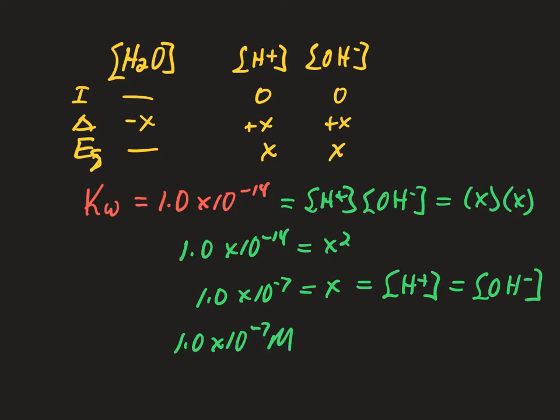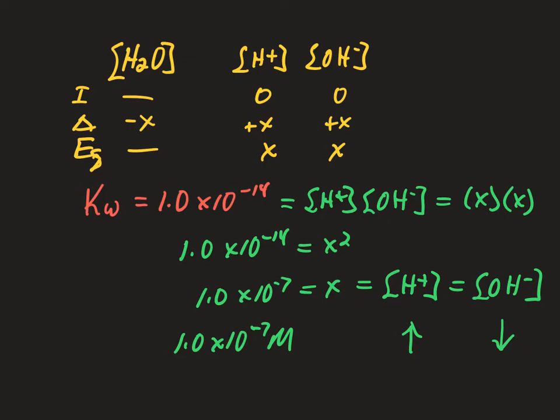And so we've got that equilibrium, and we know that is the concentration. Now, the other thing is, this is an equilibrium. So if we disrupt one, if we make hydrogen ions go up, then to keep the equilibrium, hydroxide ions will have to go down.